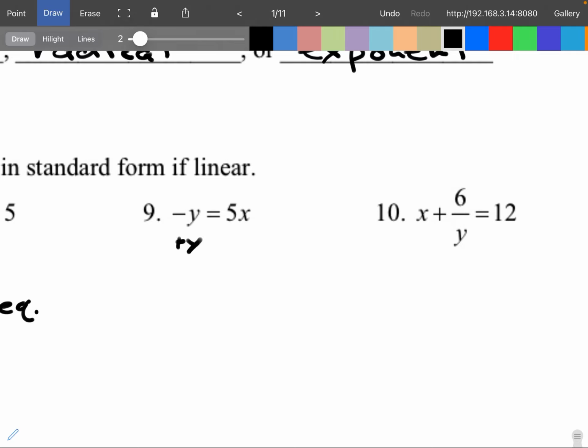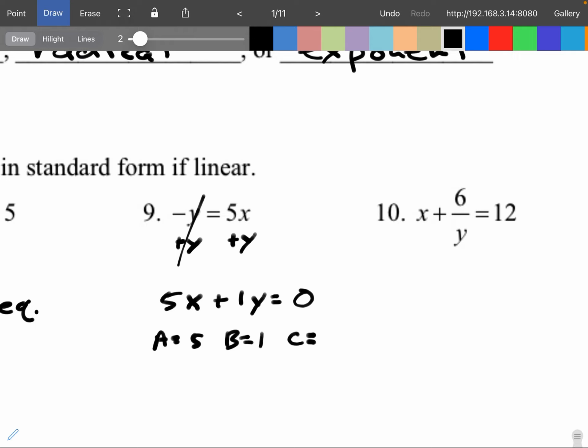All right, and then number 9. We got 2 more to go. What about 9? That one okay? Well, you could add y on both sides. And then these would cancel out, and then you'd get, oh, so it is.